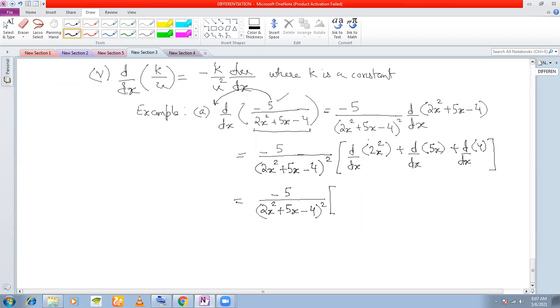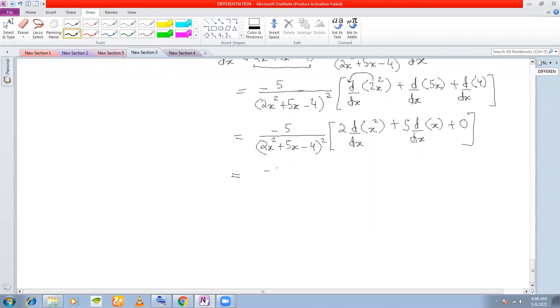and inside here you can take this 2 out of the differentiation to get 2 d/dx of x². This 5 in the next one, you can take out of the differentiation to get 5 d/dx of x, and d/dx of 4 is the d/dx of a constant, which is 0.